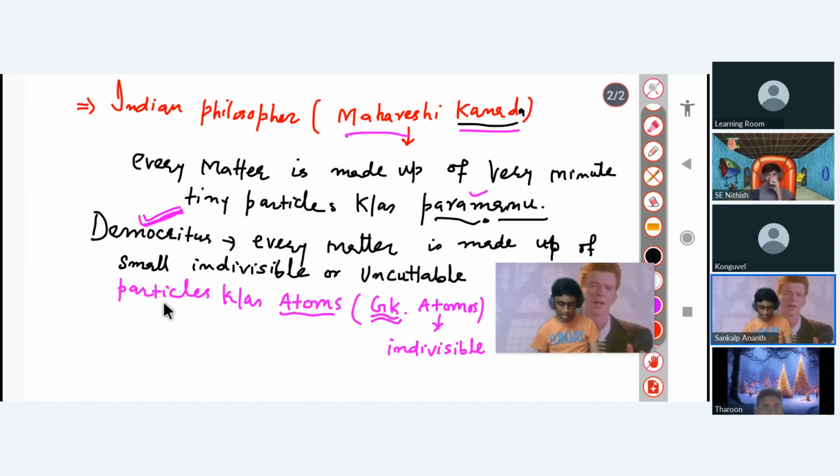The Greek philosopher explained it in detail, but the Indian philosopher was the first one to say there is something very small, tiny. The term atom was given by Democritus, from the Greek word atomos, which means indivisible.